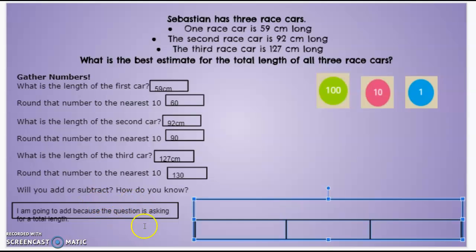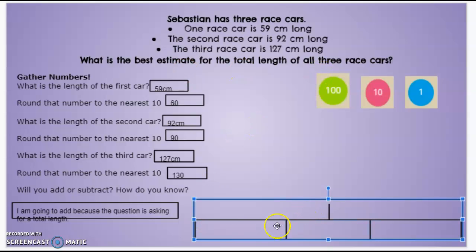It's important to see what the question is asking, because sometimes in your story problem you'll see the word total, but just because it's in the story problem does not mean that it's asking you to add. You need to make sure you understand what the question is asking you.